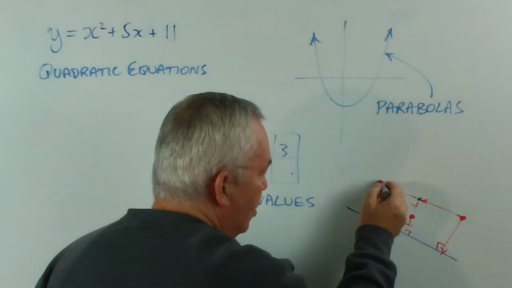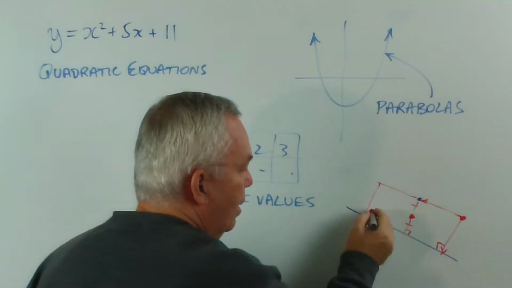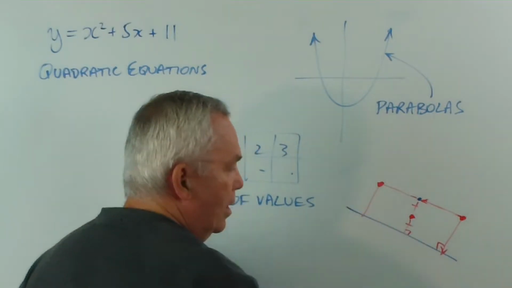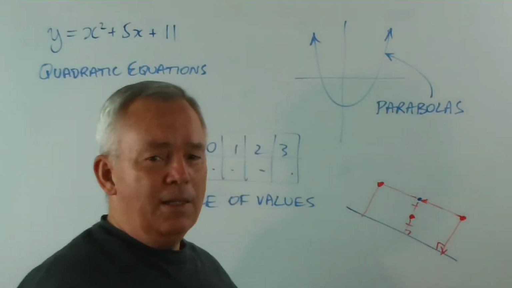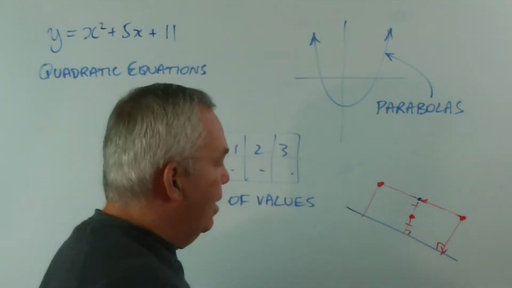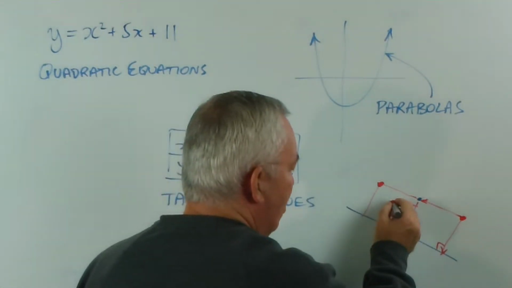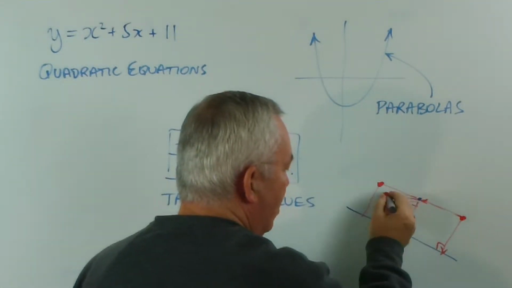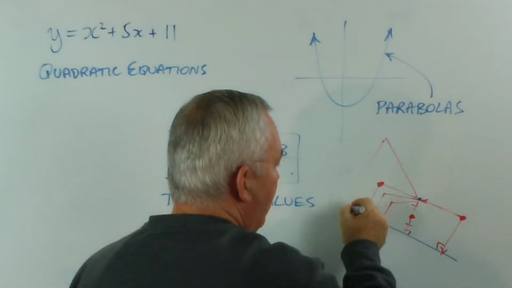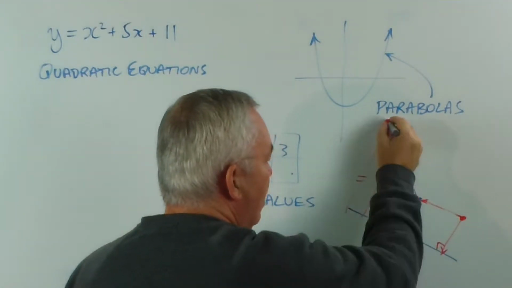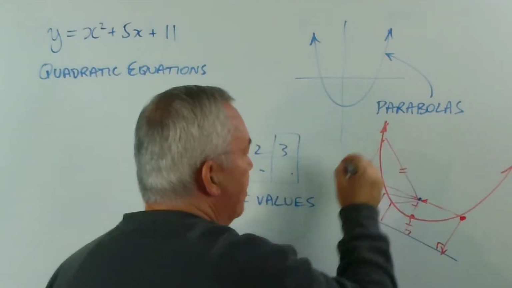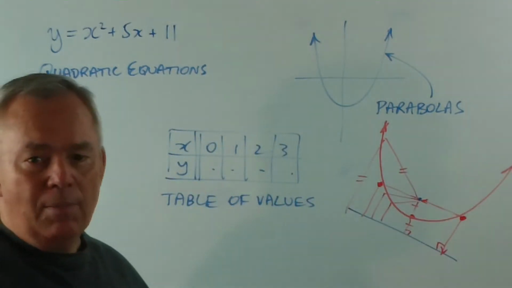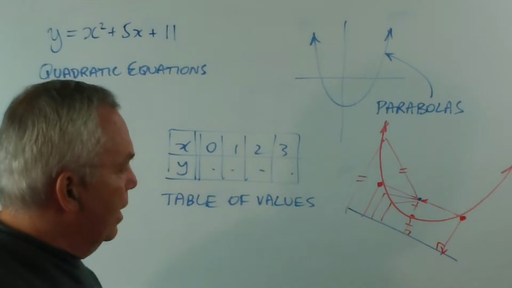I think you can see if we put a square on this side, the same thing would apply. So all of a sudden we realise these points do not lie in a straight line. It turns out that as we plot more and more of them, where the distances are the same, we find they lie in a curve like this. And the Greeks call them parabolas. And that's what we study.